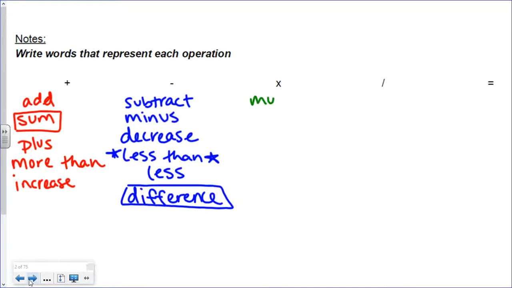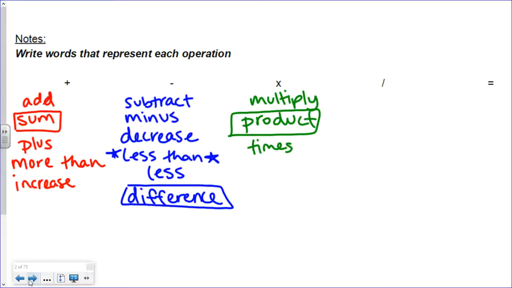Multiply. That's the mathy word, product. What else? Times. Something that means to multiply by 2. Double. Now, of course, after double, we could say triple, quadruple, so on and so forth, right?